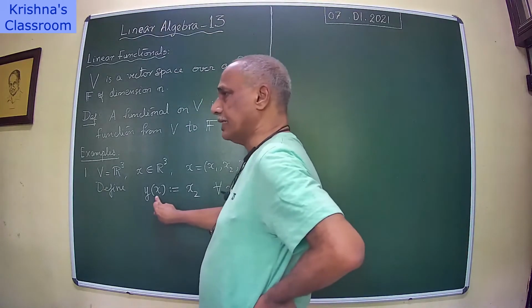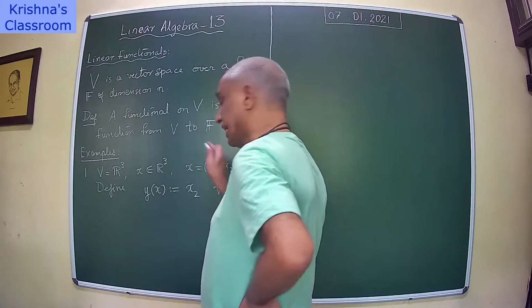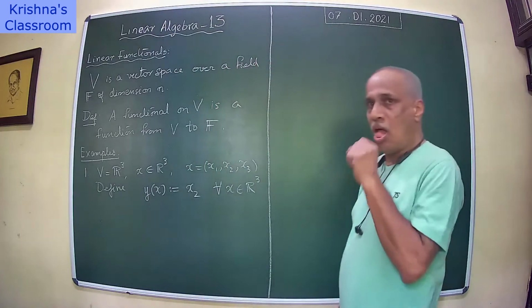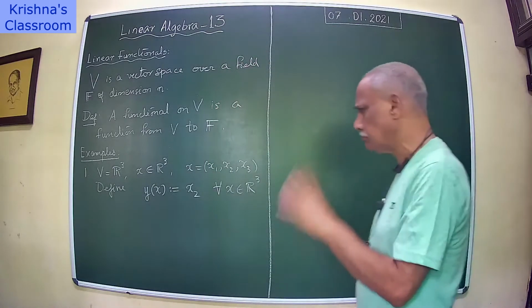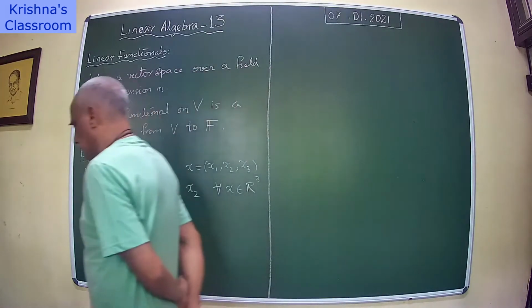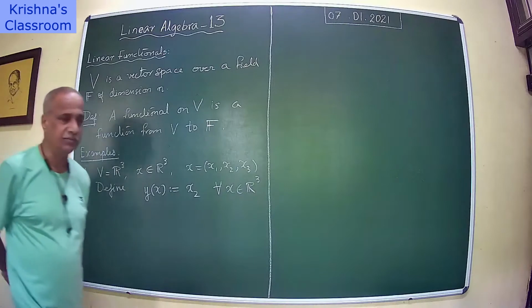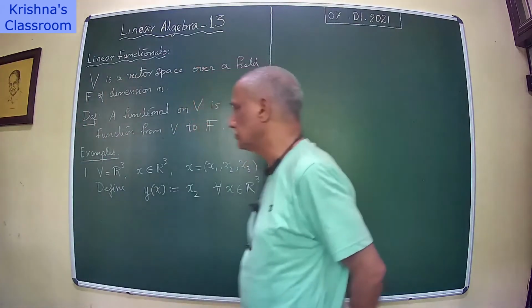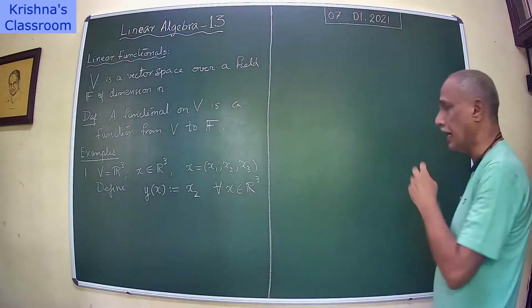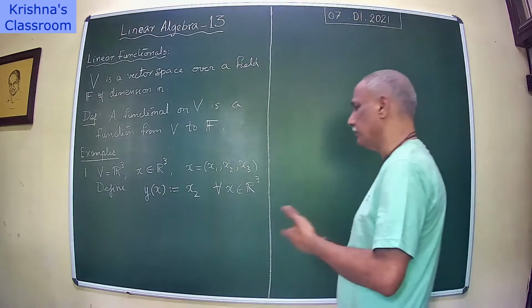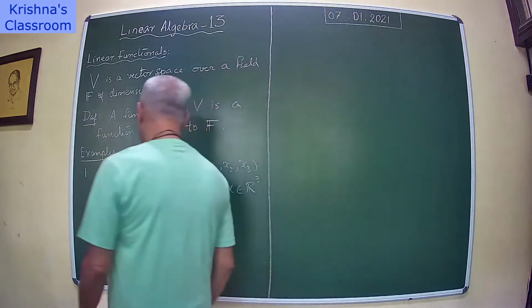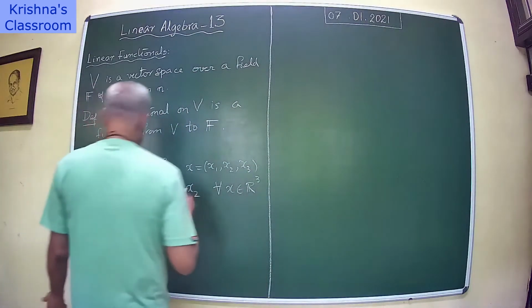Therefore, for every x, it is mapped to the second component of the vector. So it's a field valued function defined on R3. The field here is R, so a real valued function defined on R3. Therefore, y is a functional.